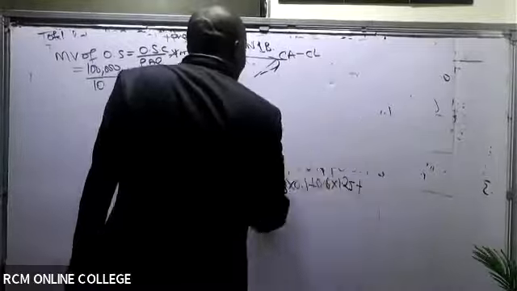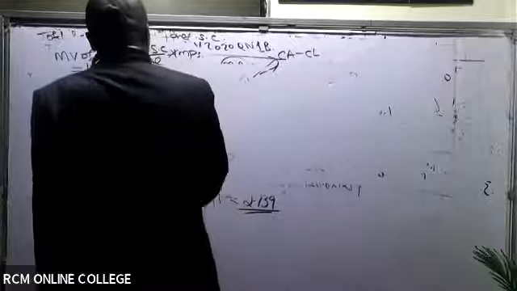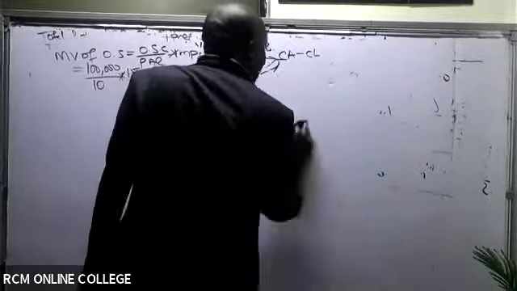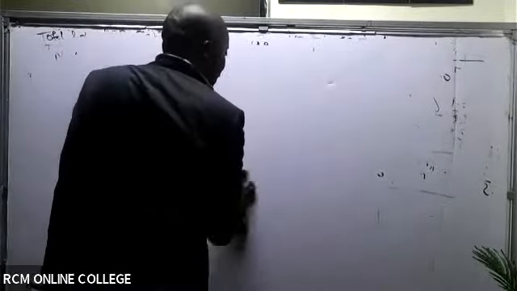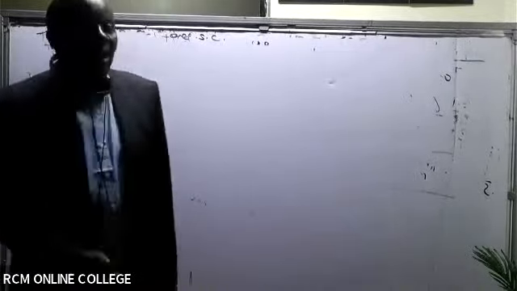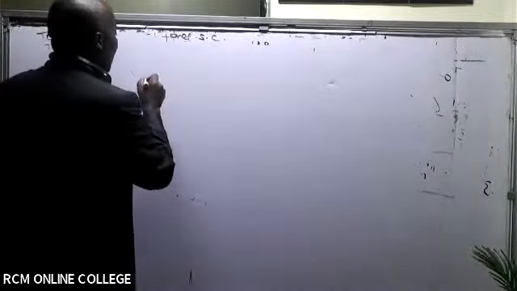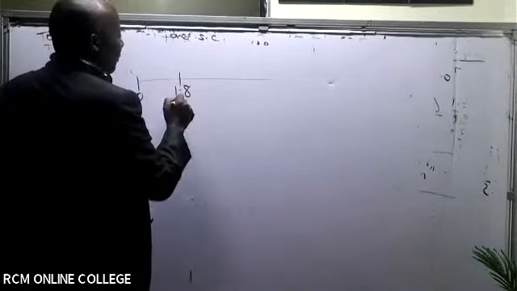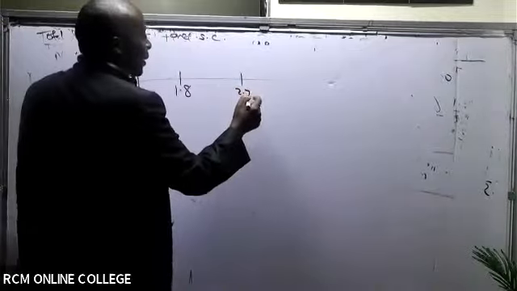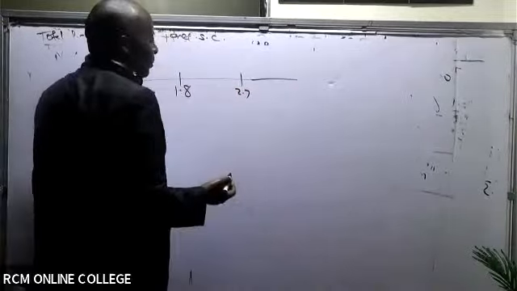Remember our number line. Ladies and gentlemen, our number line looks like this. We have 0 to 1.8, then we have 2.7, and of course more beyond that.